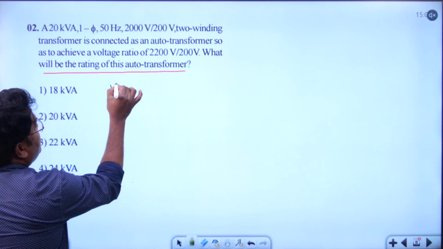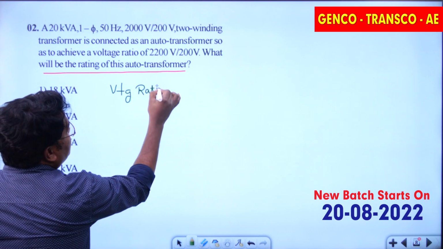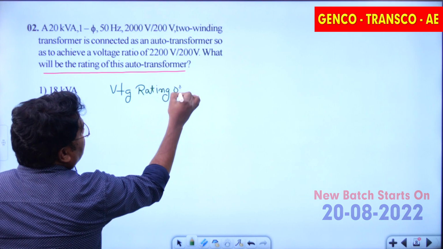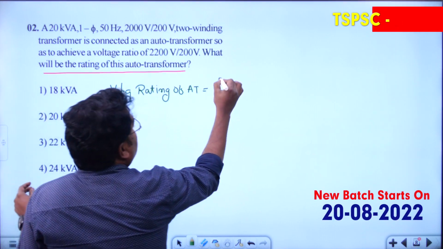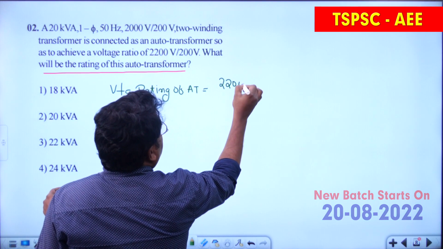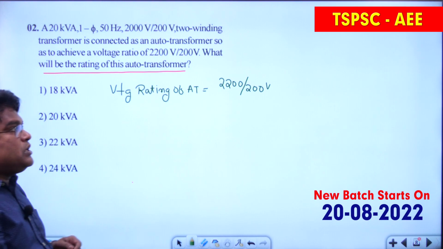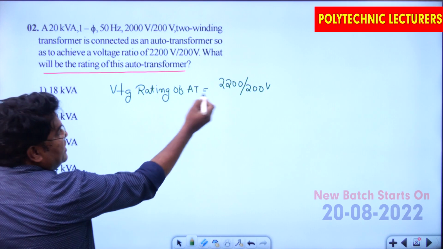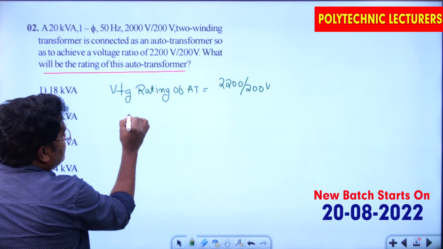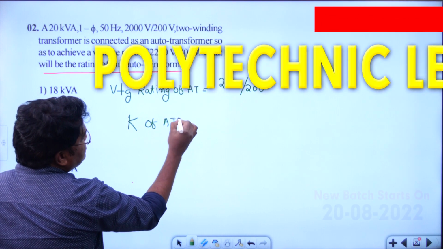Suppose the voltage rating of the auto transformer is 2200 upon 200 volts. Next, let us find the transformation ratio K of the auto transformer.